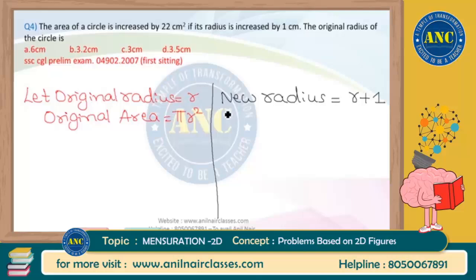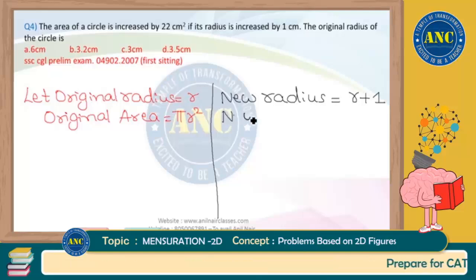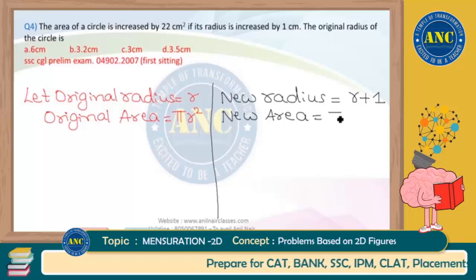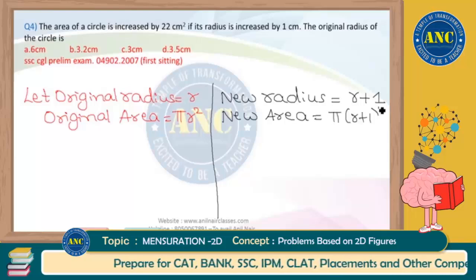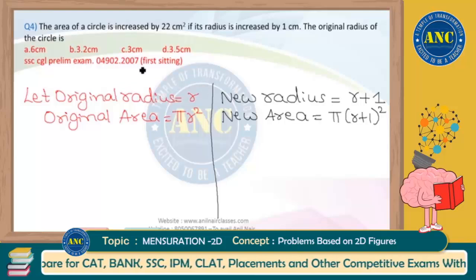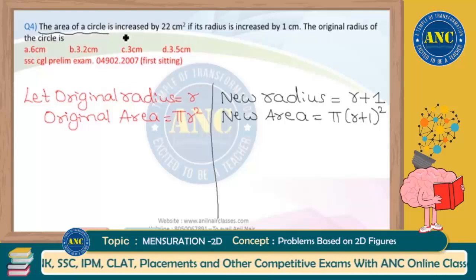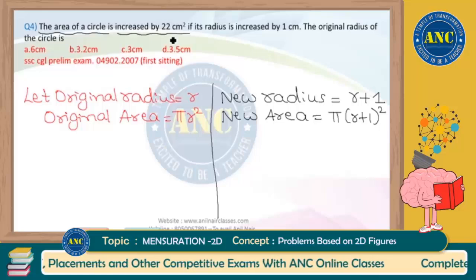Because the new radius becomes r plus 1, my new area now becomes pi into r plus 1 whole square. And they are saying that area of circle is increased by 22 centimeter square.